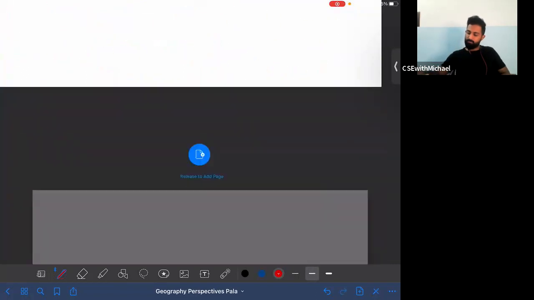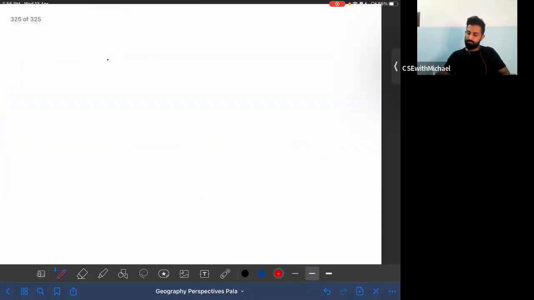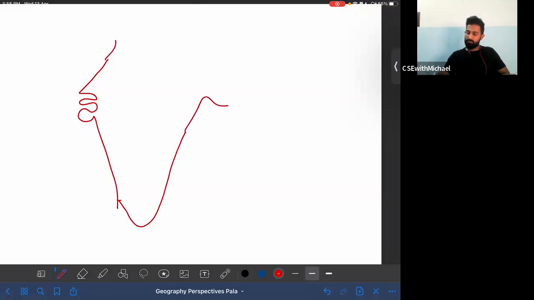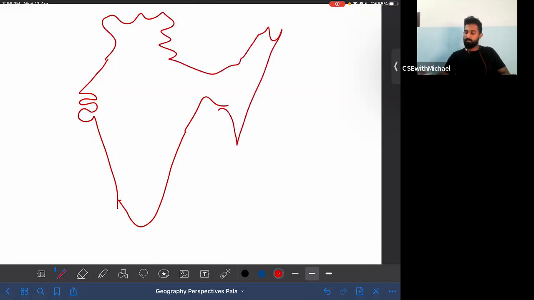Okay. Now, if you look at the different types of soil found in India, you can see there is clear demarcation.